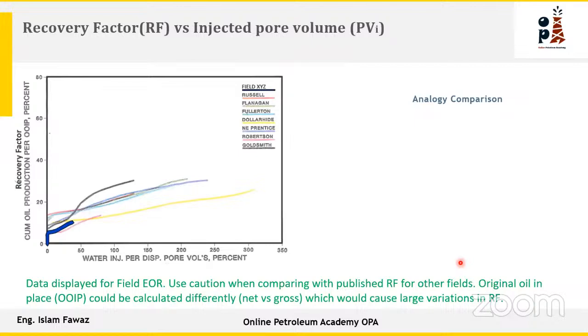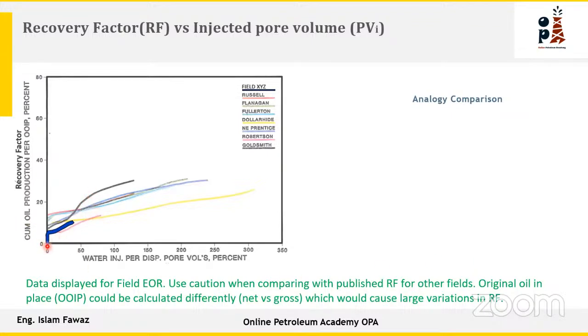Also, you have to keep track of displacement or the recovery factor from your reservoir. How much recovery factor do you get if your reservoir pressure is maintained? Are you achieving the ultimate recovery factor for your reservoir or not? So you have to plot the recovery factor versus pore volume injected. As you can see from the graph, these are analog fields.